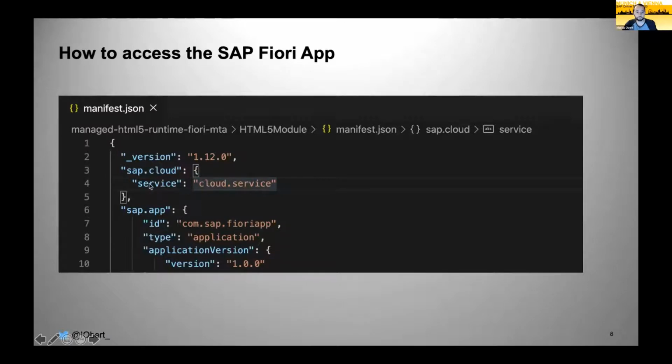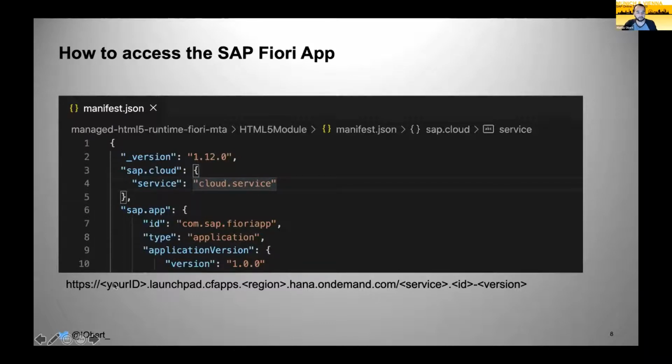Besides this new property, we depend on two old properties, but you probably already have them in your web applications. We need an ID for the SAP UI5 application or the Fiori application, and it has to have a version. With these three values, we can follow the pattern that you see down here to assemble the URL under which the web application is accessible.